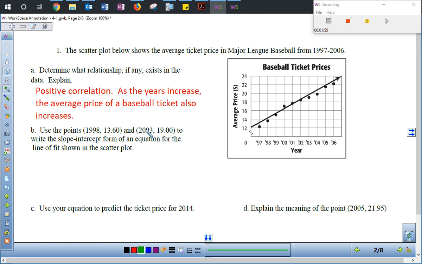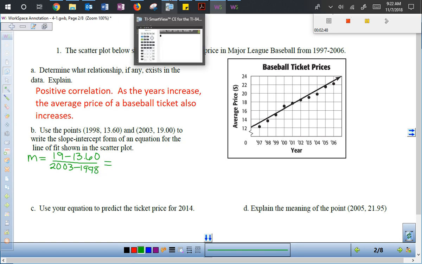Well, we definitely know how to do that. First, we just need to find the slope. So we'll say m equals y sub 2 minus y sub 1, so 19 minus 13.60, over x sub 2 minus x sub 1, so 2003 minus 1998.